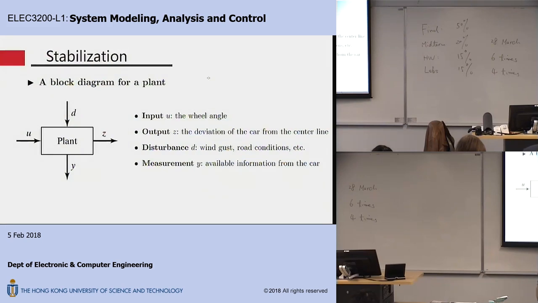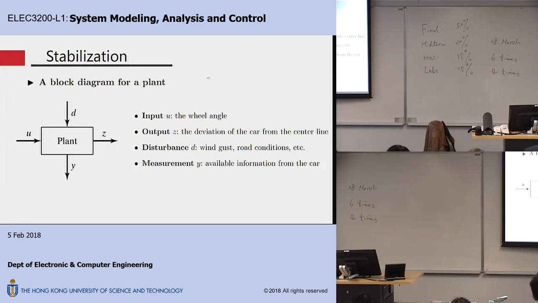In addition to the input-output, you may have some other arrows going in, and some other arrows going out. This arrow means a signal. Okay, so this arrow means a disturbance. The road condition, uncertain road condition, that's a disturbance.